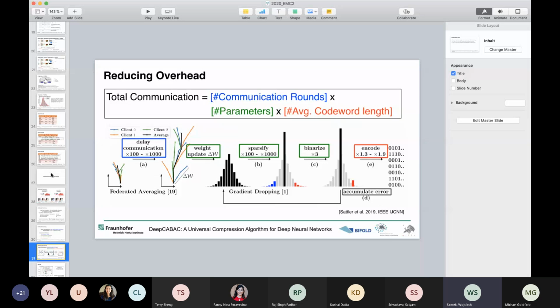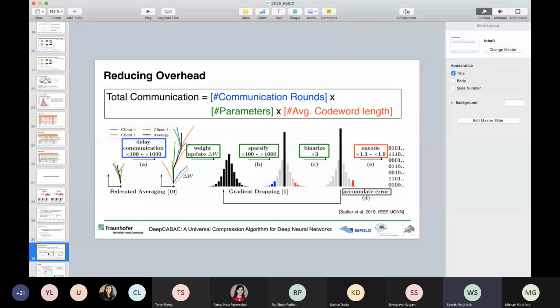And also, you can use some very efficient coding techniques from source coding, like Golomb coding, which works well for this kind of sparse, geometrically distributed vectors, because you don't need to send the location, but you can compute the differences in location and then encode them in the Golomb coding sense.